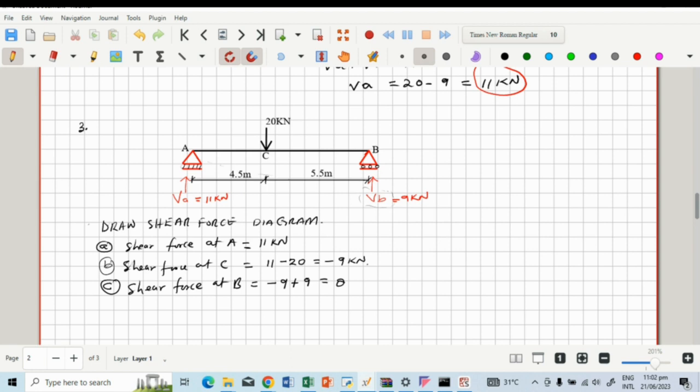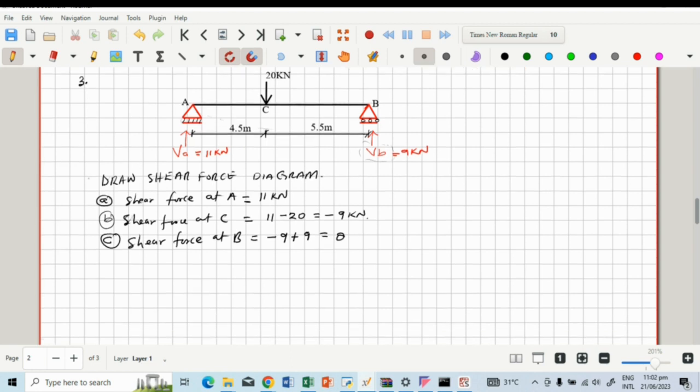So shear force at B will be 0. Right. I will move ahead and draw the shear force diagram.